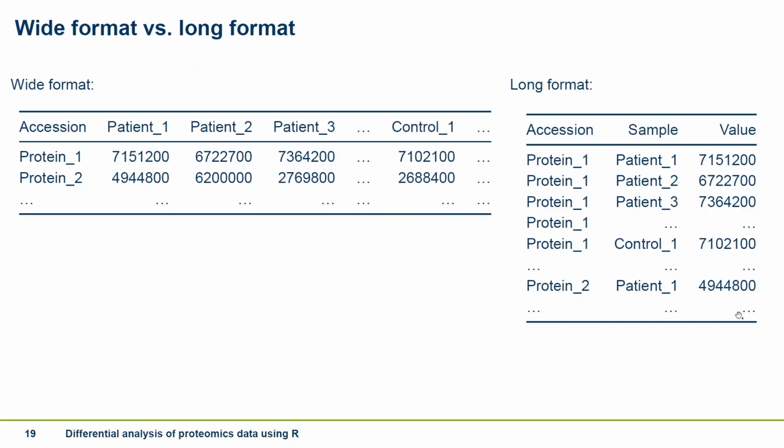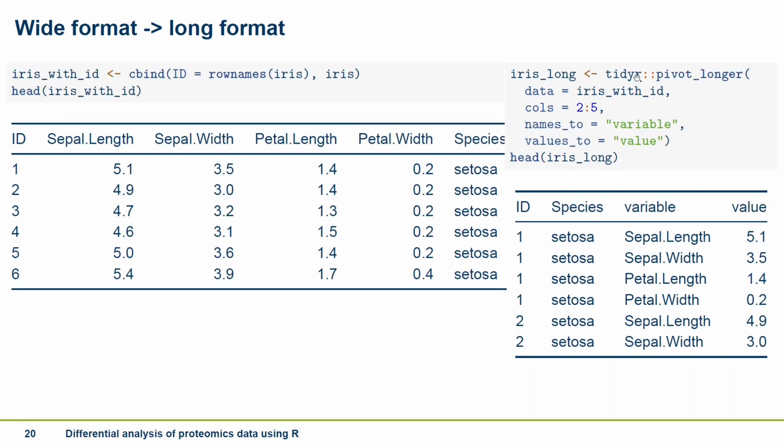So you see that this information may be quite redundant. It may be longer. It may take more space to save it, but it's the data format that ggplot needs to easily choose columns for example, coloring or other aesthetics. So you always have to think about how to transform your data into this long format.